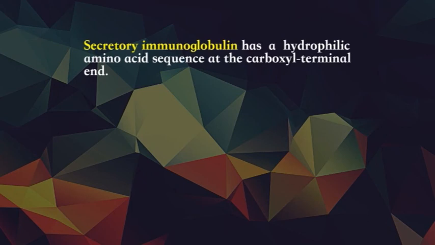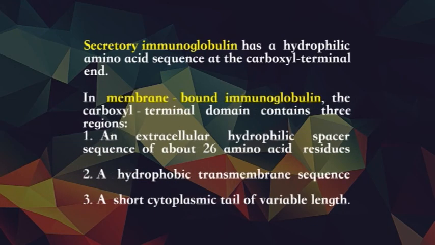Secretory immunoglobulin has a hydrophilic amino acid sequence at the carboxyl terminal end. In membrane-bound immunoglobulin, the carboxyl terminal domain contains 3 regions: an extracellular hydrophilic spacer sequence of about 26 amino acid residues, a hydrophobic transmembrane sequence, and a short cytoplasmic tail of variable length.